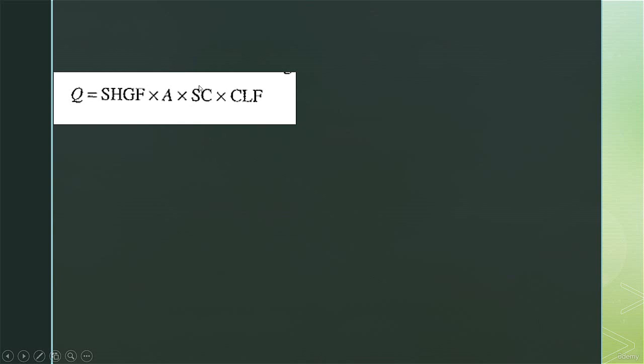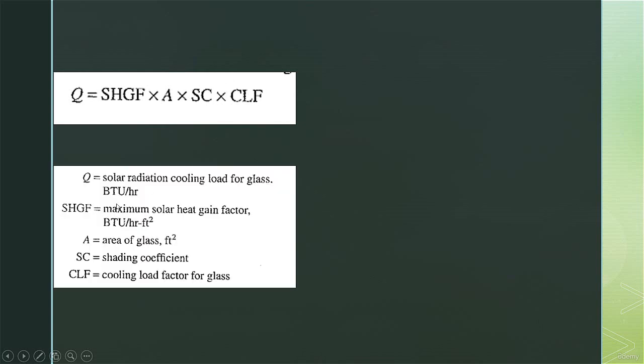As you know, we use overhead shades on the external side of walls, and similarly we use rollers or other types of shades internally. And CLF is the cooling load factor. So this is the formula for how we can measure the total heat transfer through a window.